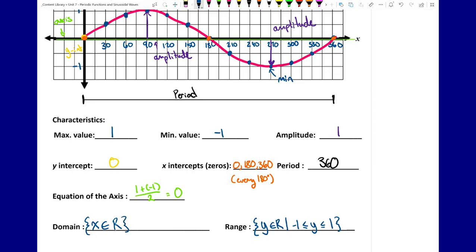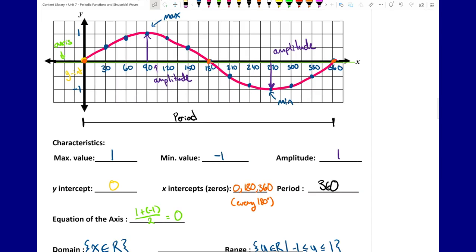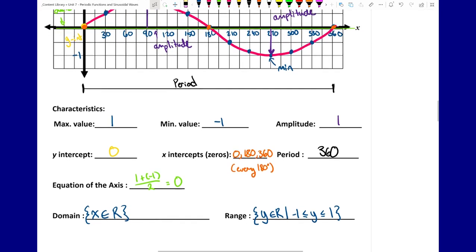X can be any real number, even though we only have one cycle here. This can go on in the positive direction, and it can go on in the negative direction as well, forever.